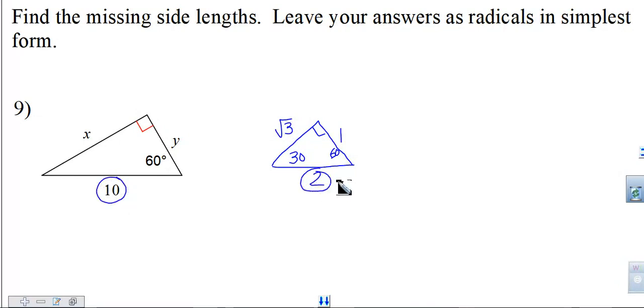Like I said before, let's return home. Let's go back to home base, which is across from the 30. To return, we always divide. What are we going to divide by this time? The 2. That makes my short side a 5. Now, to leave the side across from the 30, let's multiply by square root of 3.